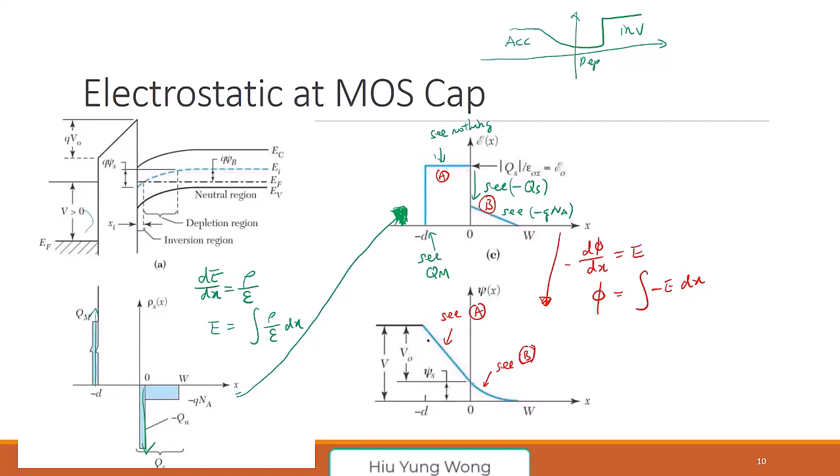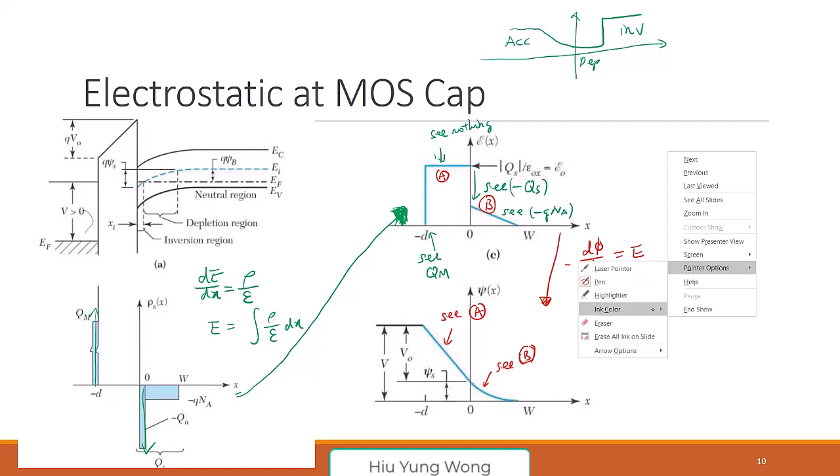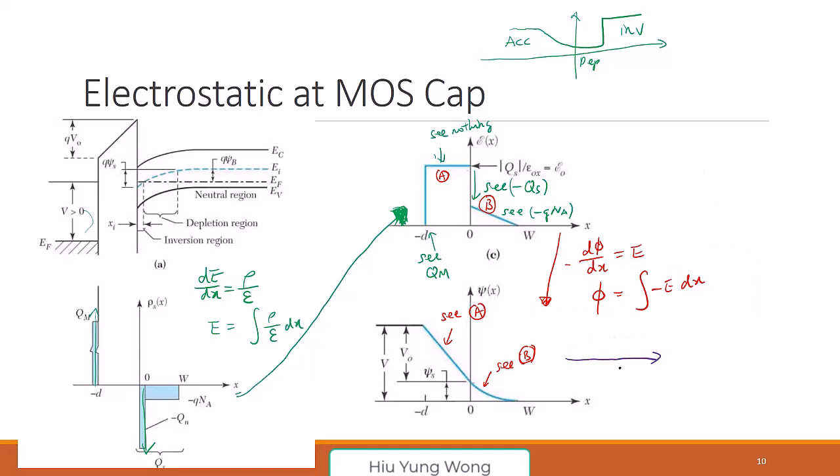So you get the potential, right? But this potential is the real potential. You then need to multiply by -1 to get the band diagram, because the band diagram is the negative of the potential.